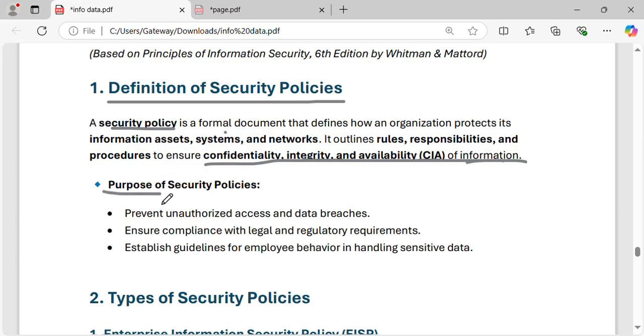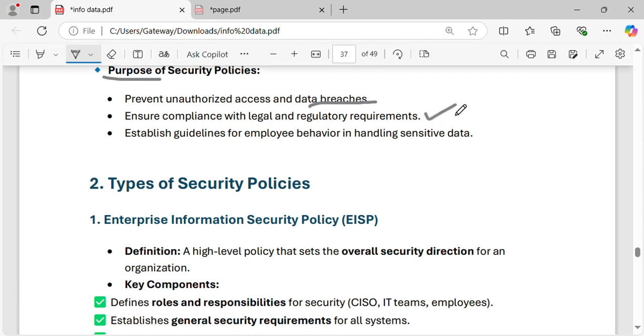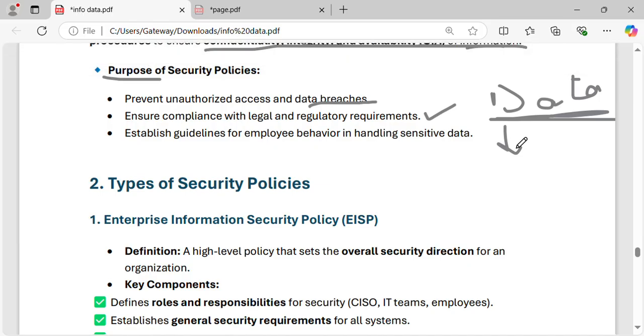The purposes are to prevent unauthorized access and data breaches, and ensure compliance with legal and regulatory requirements, right? Like where the data is going. If an application is used by some company, we are logging into websites and they are using our information. If they are not ensuring the security of our data, how can we trust them?